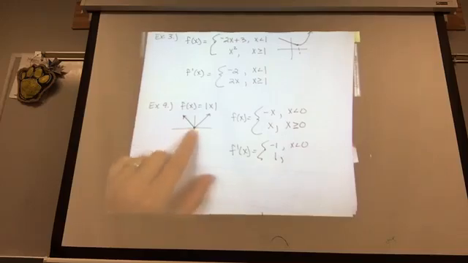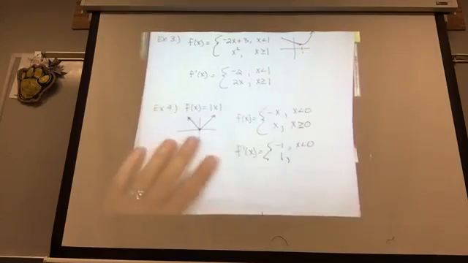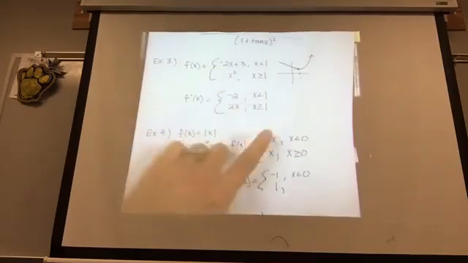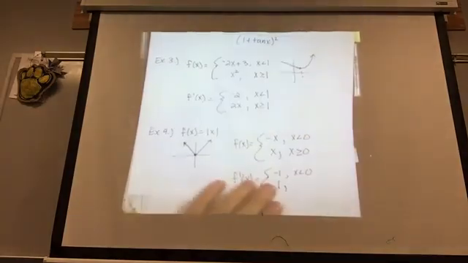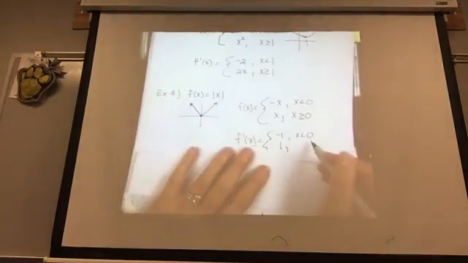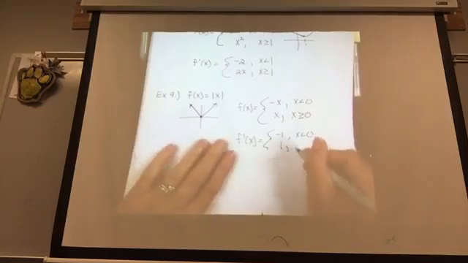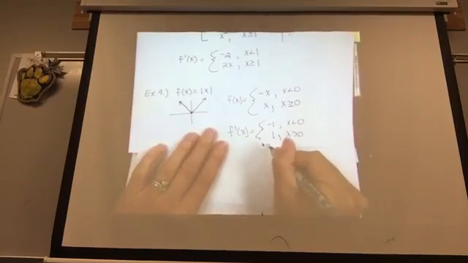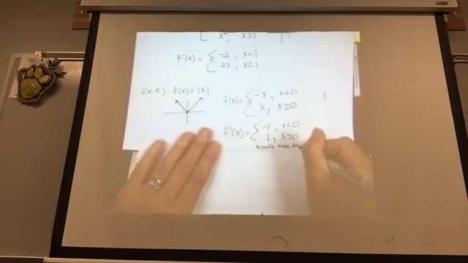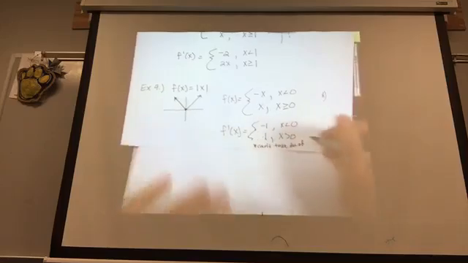No, because it's a sharp turn. So I can't include 0 on the derivative. So in the last one, I could include 1 because that's not a sharp turn. But for this function, I cannot include 0 because it makes a sharp turn. So be careful on that. Can't take the derivative at a sharp turn. So don't include 0.